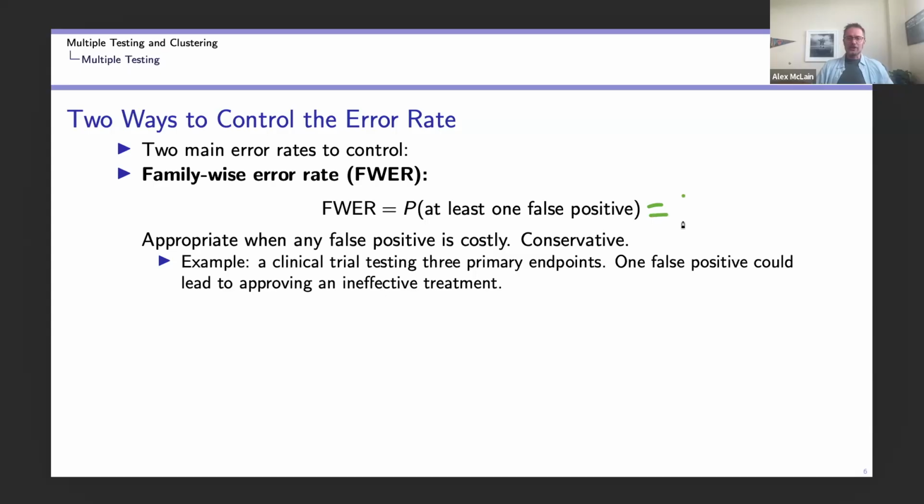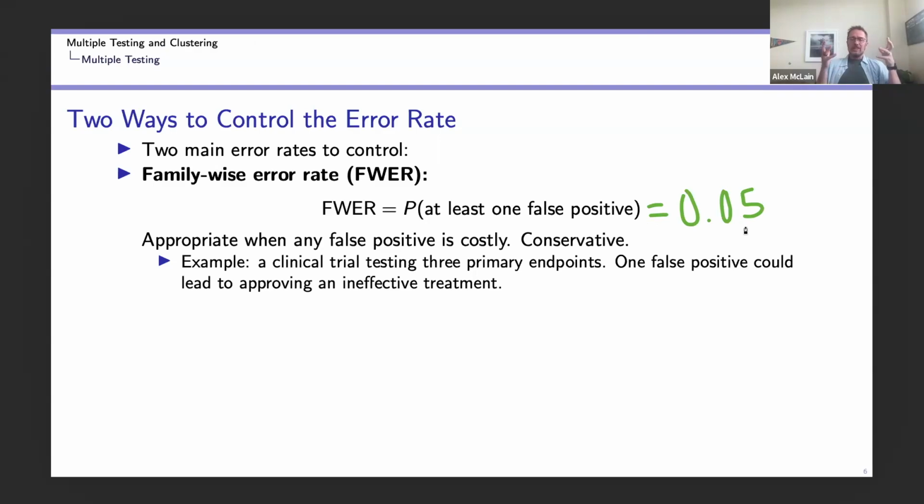Okay, let's say we control the family-wise error rate at 0.05. I was doing one minus, so not 0.95. What are we saying?